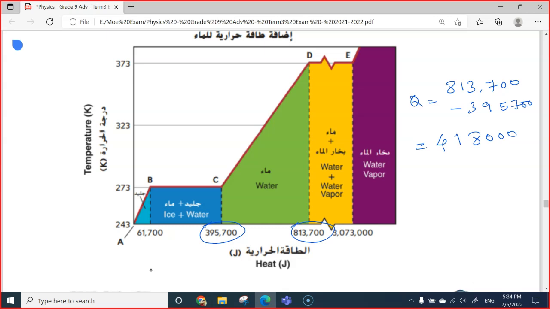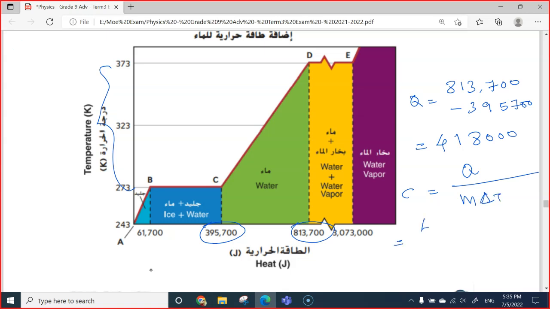So during that the temperature difference is this much. So specific heat is equal to Q divided by mass, which is 1 kilogram, into change in temperature.